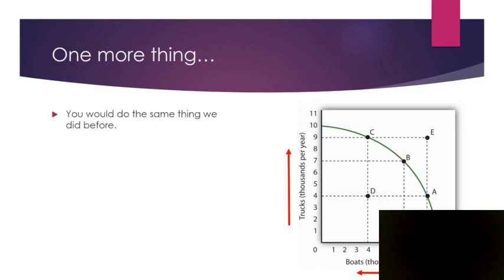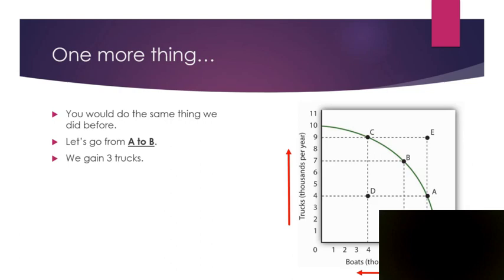As I just said, you're going to do exactly the same thing we did when we were moving to the right. It doesn't matter which direction you're moving on the PPF. So let's go from A to B. Remember, in our other examples, going from A to B was a movement to the right, but now we're moving to the left. Everyone agree, as we move from A to B, we gained 3 trucks.